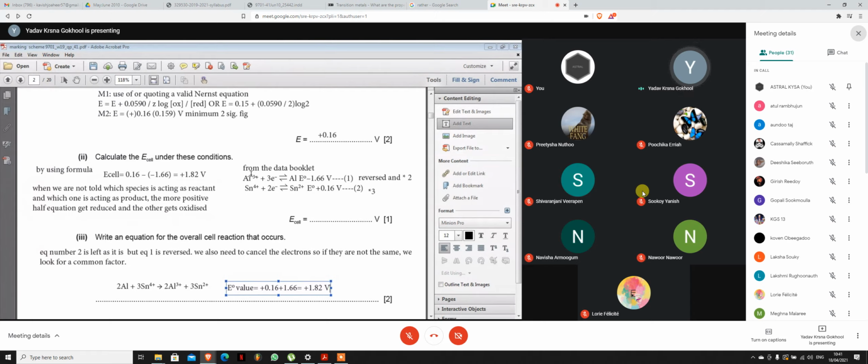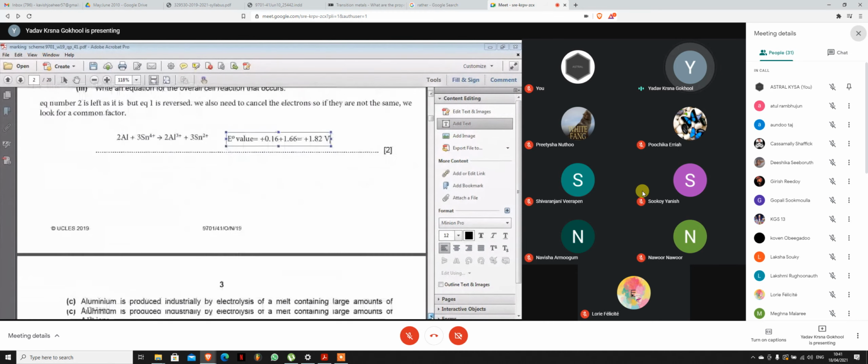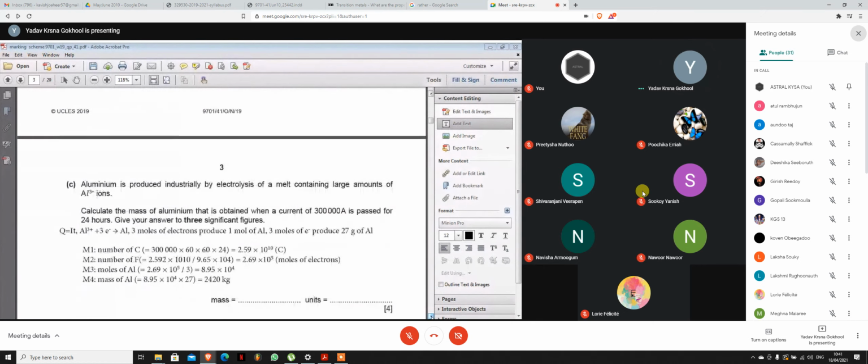So we have to use the rule which has been given to you: the more positive is reduced and the less positive is oxidized, and then we just balance the electrons. Remember the final equation, we do not have to have reversible sign. It is an irreversible sign.